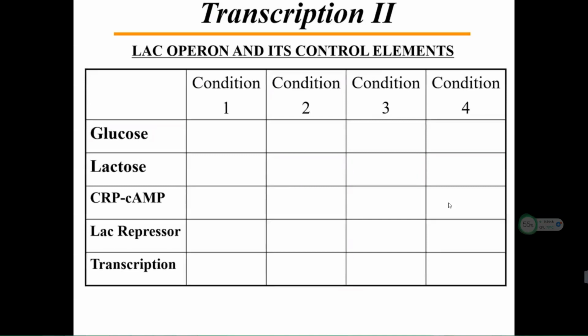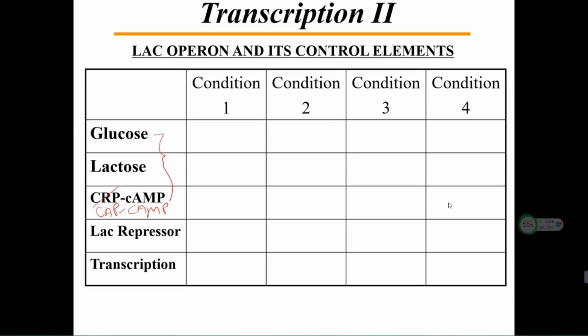And we're going to go through 4 different types of experimental conditions and hopefully be able to identify what the rates of transcription are, or whether transcription is occurring in the presence or absence of either glucose, lactose, the CAP protein, which is also known as CRP in some textbooks, so you can actually change this to CAP if you wish, when cyclic AMP is bound, and the effects of the lac repressor when these metabolites are present. Is it bound or is it not, and whether transcription occurs.